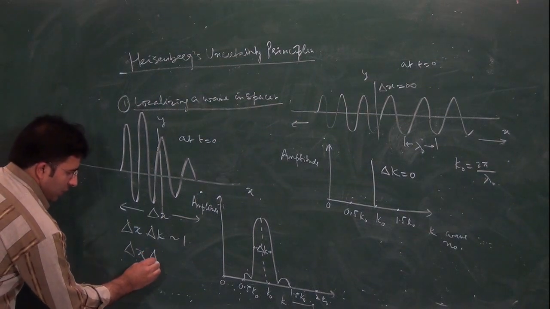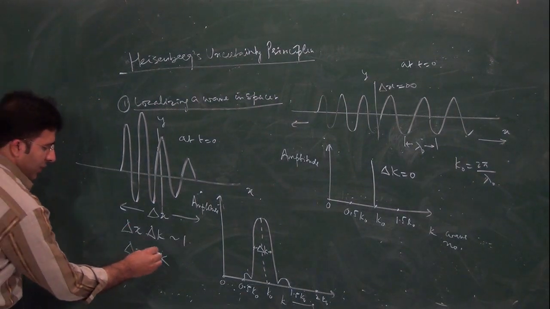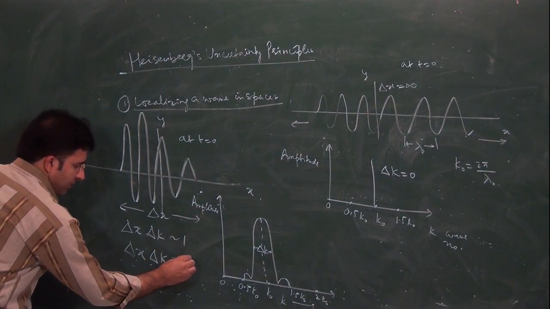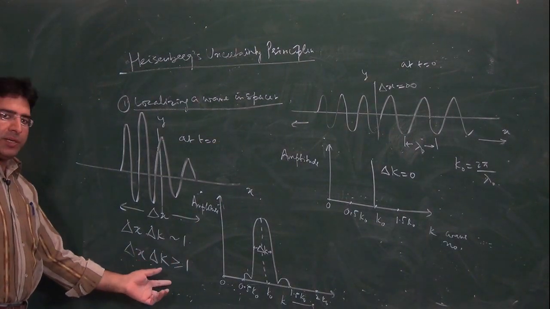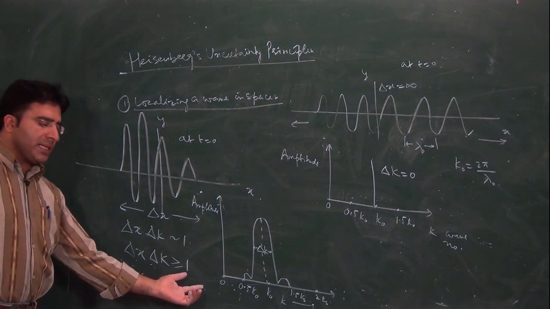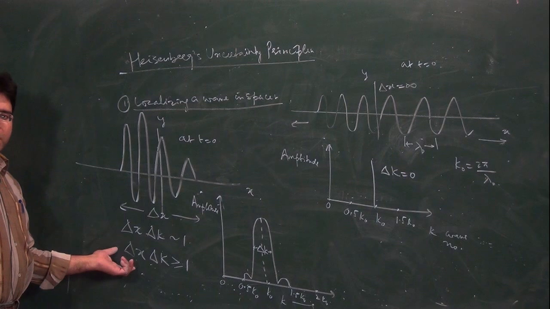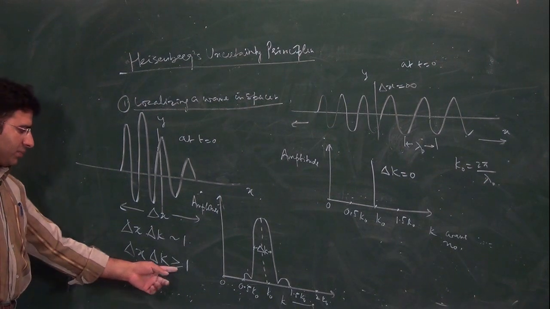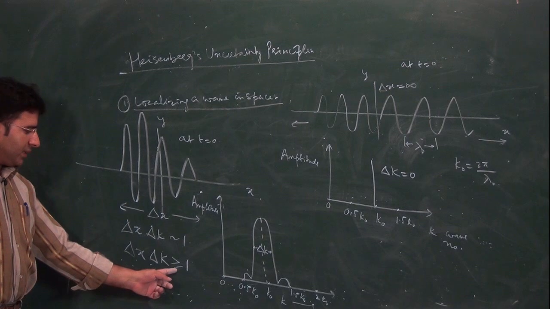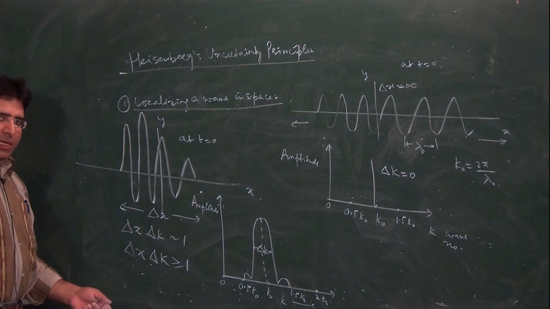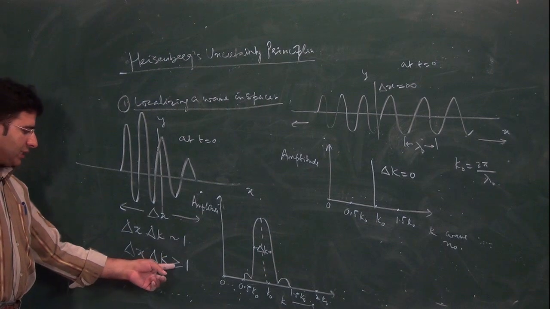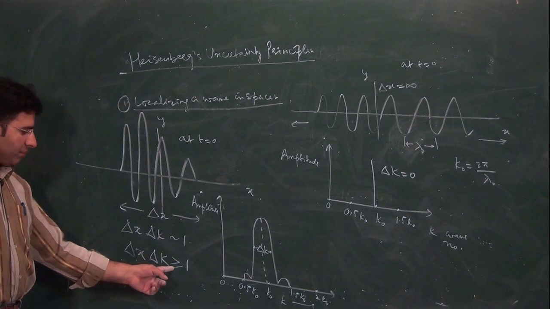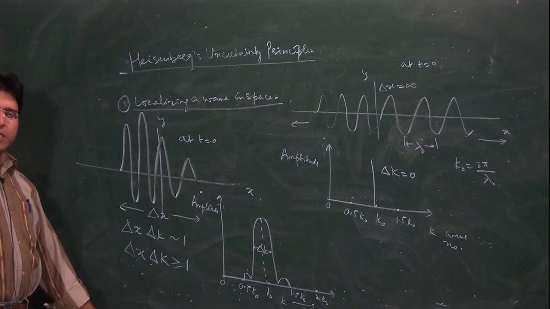So in order to incorporate those situations also, we write greater than or equal to 1. Because if delta k is less than infinity, delta x will be greater than 0. The best possible situation is equality, and the worse situations are included in this greater than. This is how we localize a wave in space.